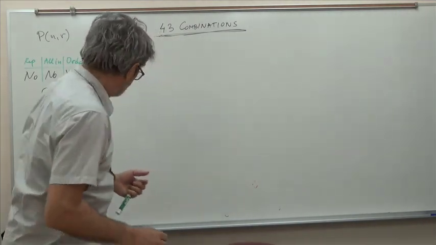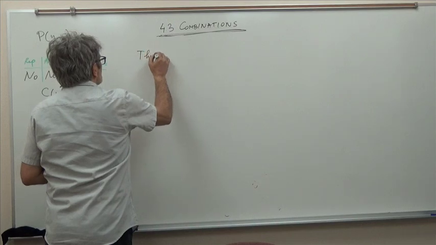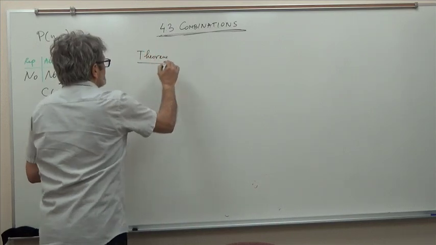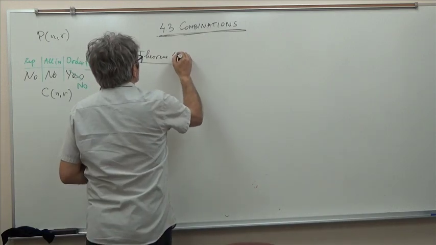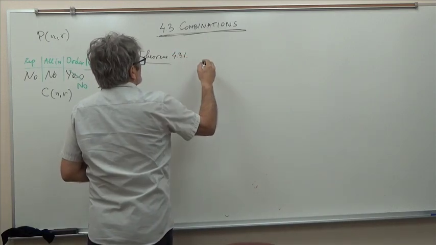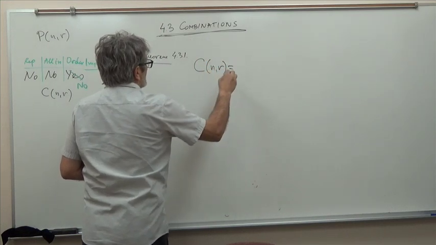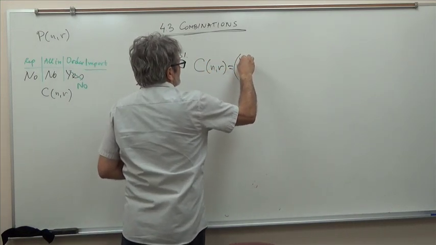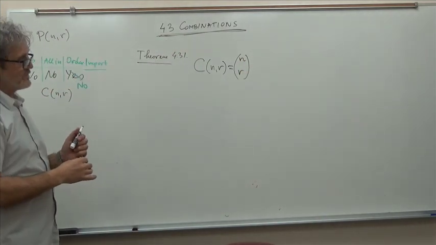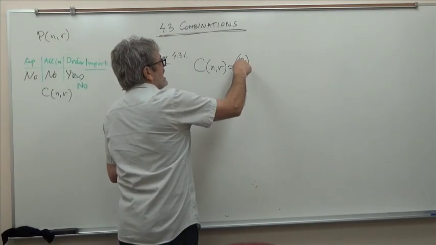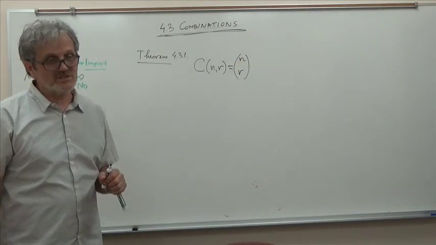And the formula for C(n,r), let me write the formula, that's a theorem. So C(n,r), it's a theorem 4.3.1, says the following: C(n,r). There is the other symbol that's very often used, it's called the choose symbol. And why is it called choose? Because out of n objects we choose r, and only the choice is important.